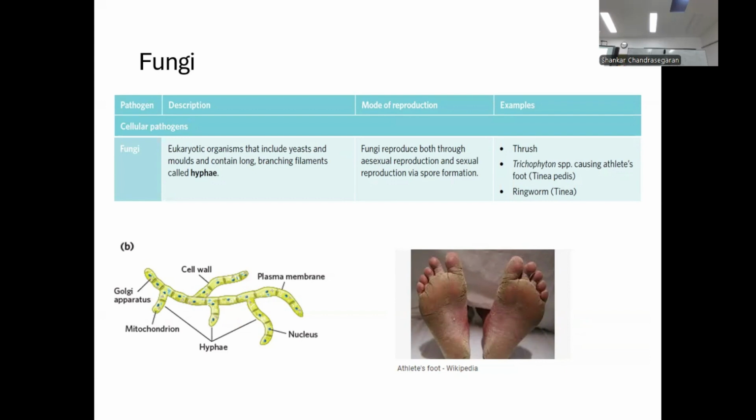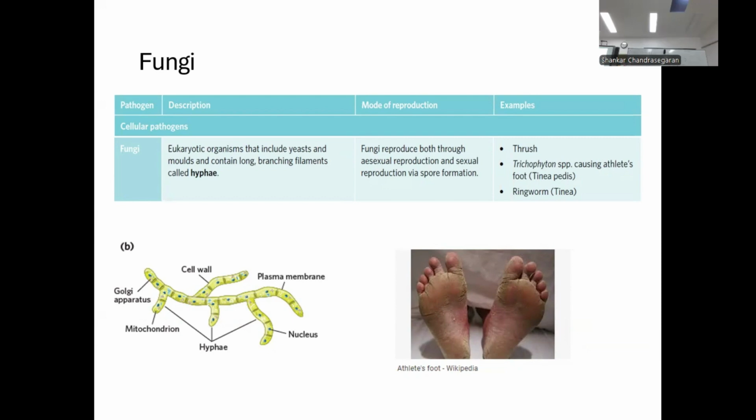So fungi are eukaryotic organisms that include stuff like yeast and molds, and they basically look like a branching filament called the hyphae. So it looks like a tree branching out, and it's one of the only microorganisms to do it like this.